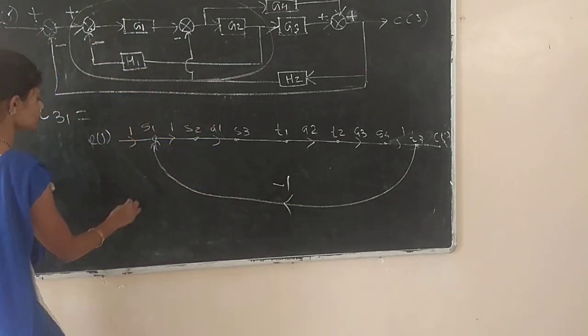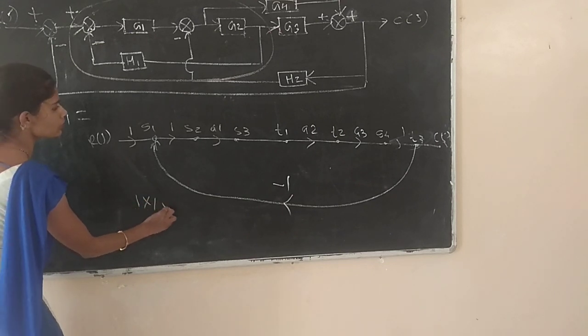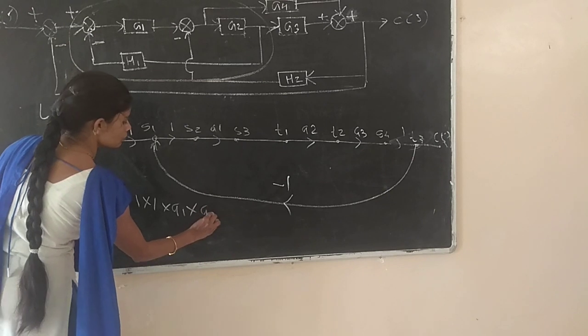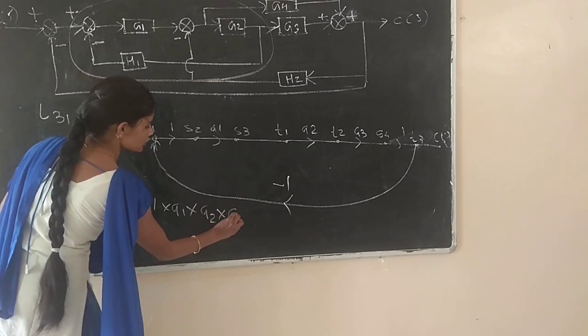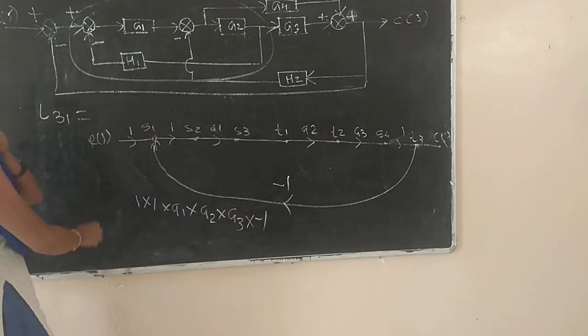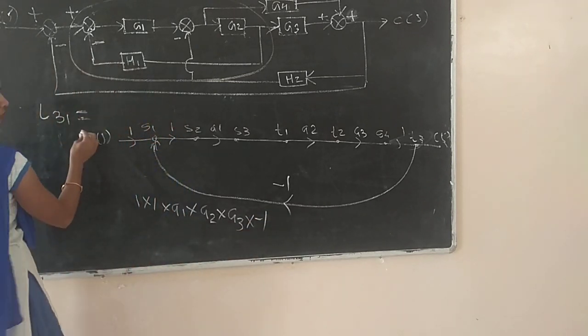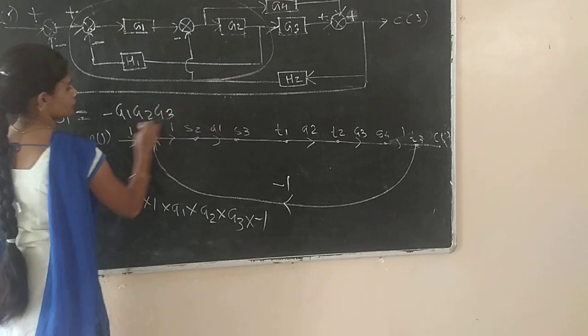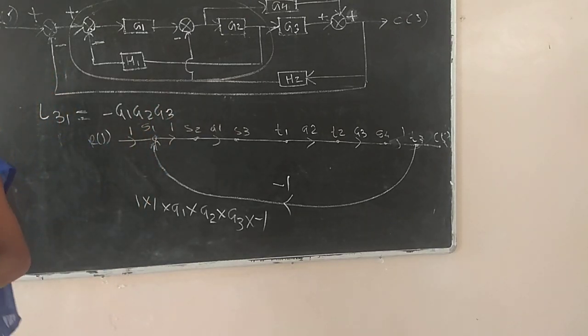Means L31 is 1 into 1 into G1 multiplied by G2 multiplied by G3 multiplied by -1. Means L31 is equal to minus G1, G2, G3. This is a loop third, L31 minus G1, G2 and G3.